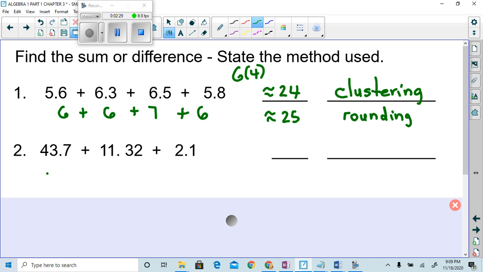So this would be 44 plus 11 plus 2. And we would go ahead and add, and that would be 55. That would be approximately equal to 57. And I used rounding.